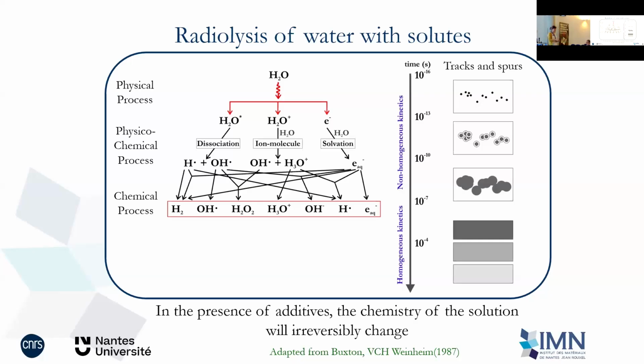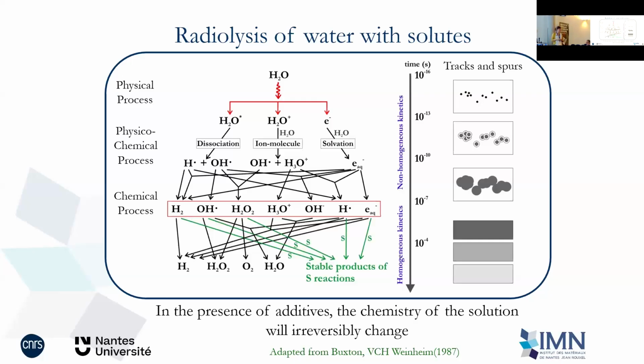And this is important for this slide because usually you don't study only water, you have something else. And the moment that you have something else in your solution, this is going to go in a completely different direction. And this is when you have additives. So in radiation chemistry, they add additives here.